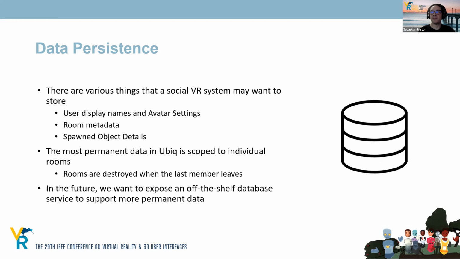So our plan at the moment is to support more permanent data by trying to effectively introduce a Ubikified wrapper around an off-the-shelf database or service. So basically to try and make an API that's very complementary to how our existing code works and how you would imagine you might want to build social VR systems, how a naive student would think about how to access data and how it would persist.